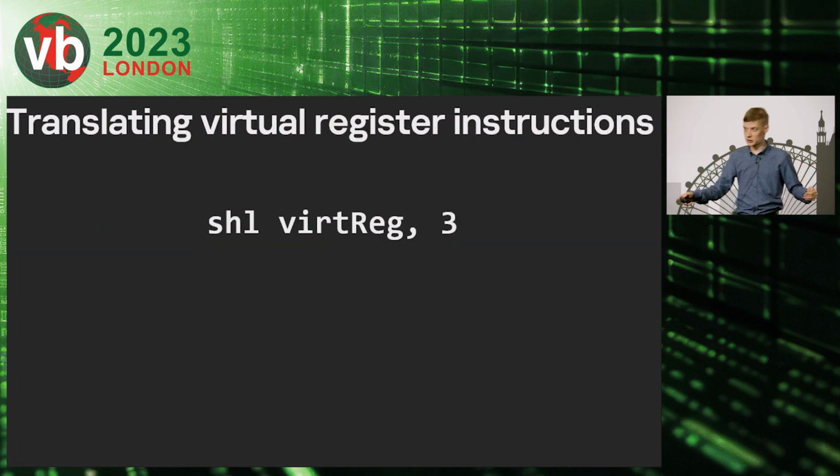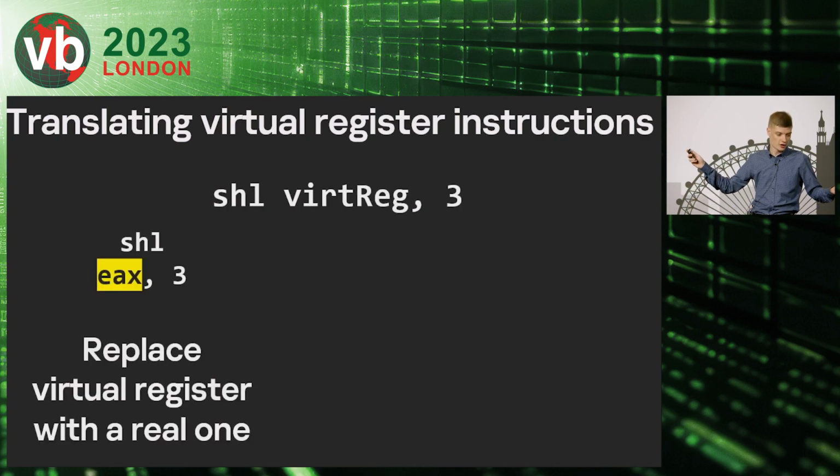To show that, let's look at this instruction. This is a virtual instruction. It shifts the value in the virtual register left by 3 bits. Now, to translate this instruction to x86, we need to find out where to store this virtual register value. We can do it in 2 ways. The first way is to allocate an x86 register and say, for example, that the virtual register will be stored in EAX.